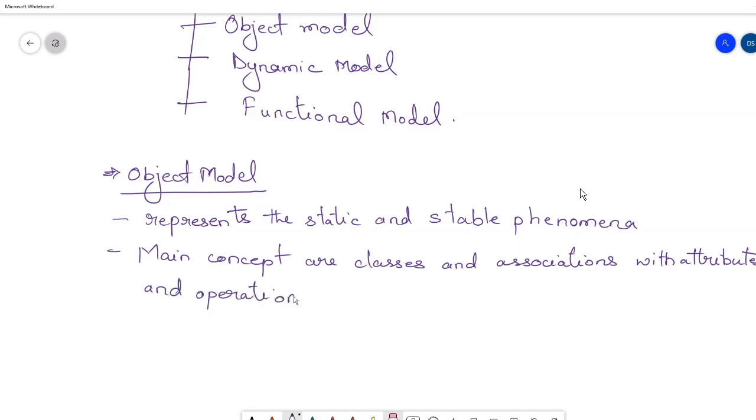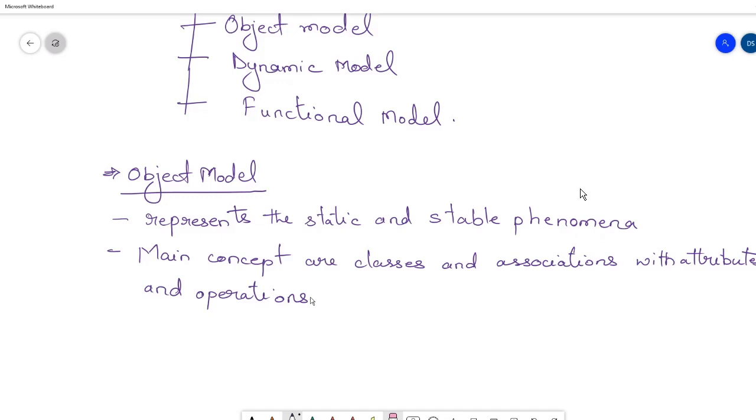After the OMT technique, I'll be teaching you about the representation of the classes, active classes, their visibility, what is the use of plus, minus, hash and all, and association. So this point would be clear in that particular section.